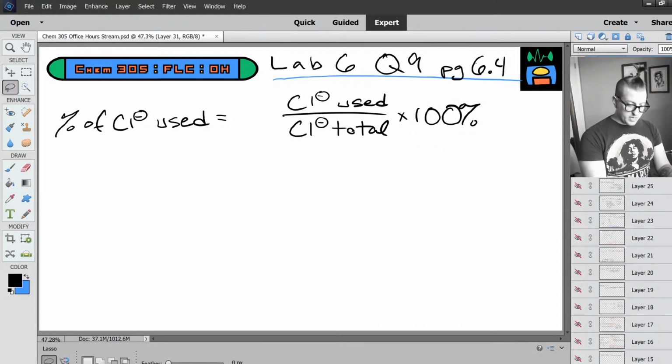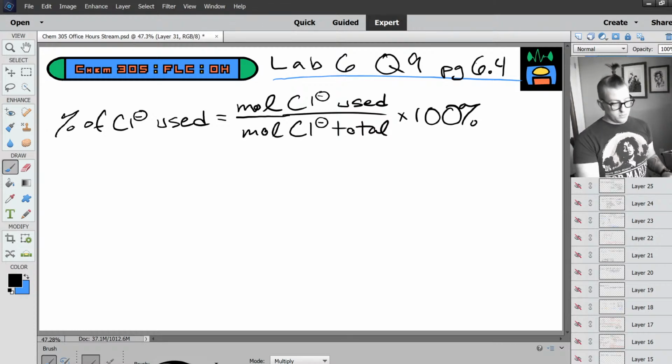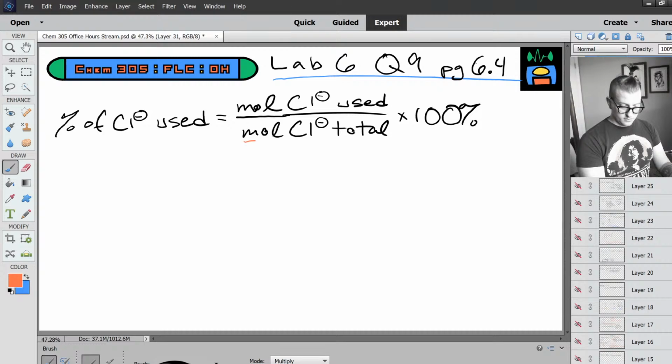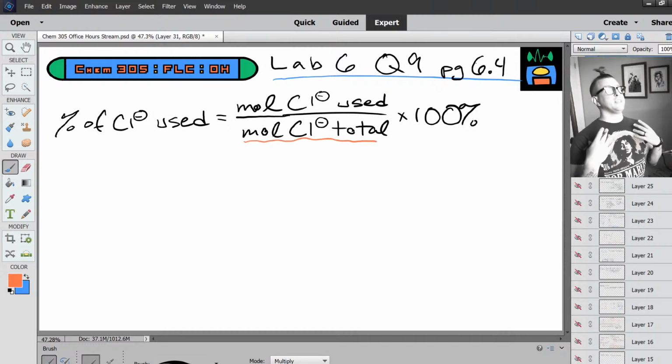So let's set up this equation as follows: as moles of chloride used over total moles of chloride.